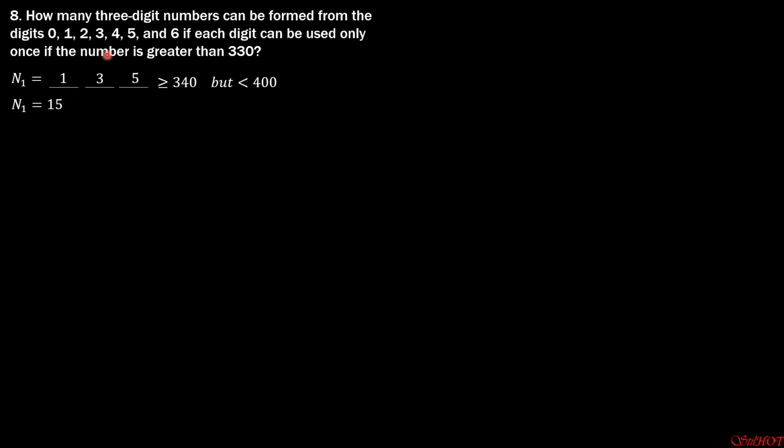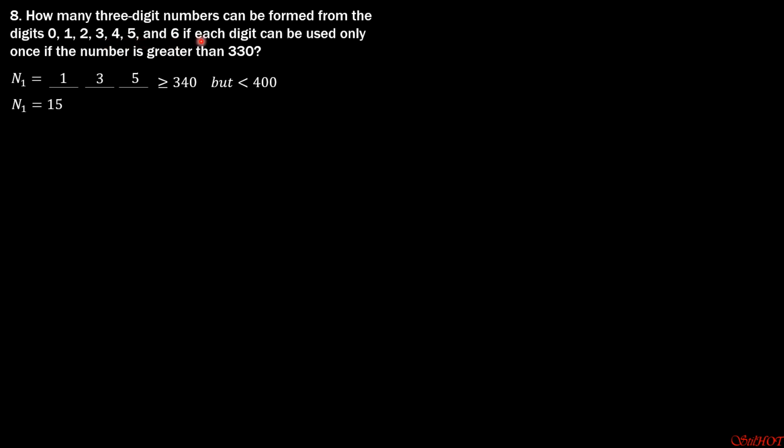So 10 more. Next is 350, qualified. 351, that's the seventh. 352, the eighth. 353 is not included because 3 is repeated. 354, that's the ninth. 356, that's the 10th. 355 is again not considered.